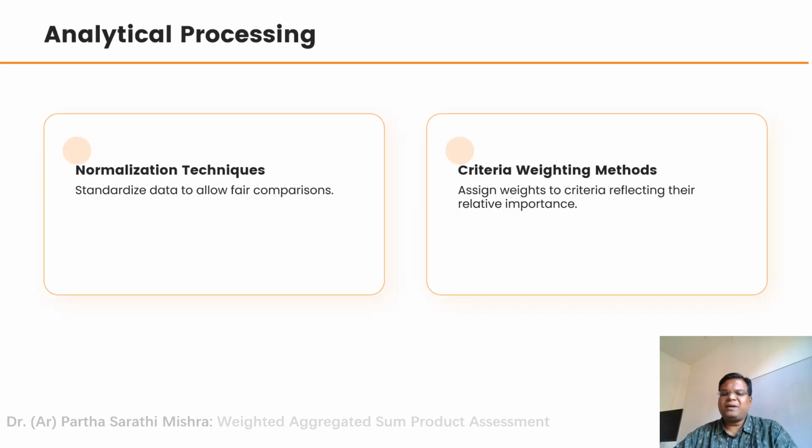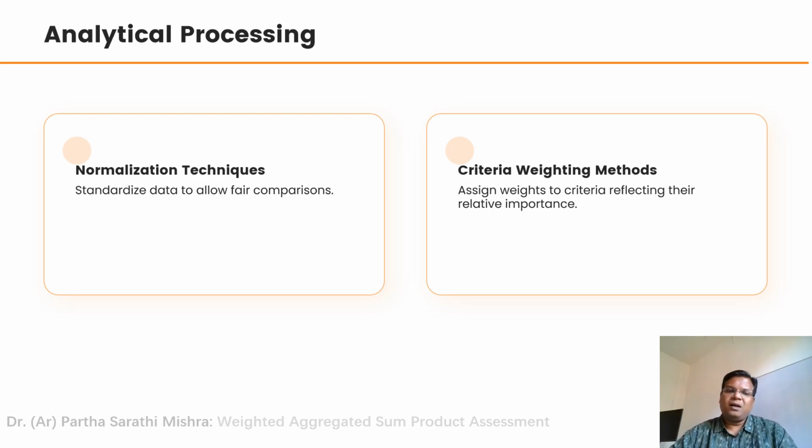Next is the normalization technique. Standardize data to allow fair comparison. I don't want to go into the detail of normalization because I have already discussed in the WSM and WPM methods how to normalize the data and how to remove the units among the variables: for benefit criteria by dividing the value by the maximum value, whereas for cost criteria the minimum value is divided by the particular value of that parameter.